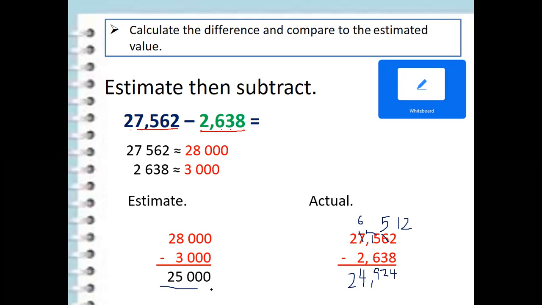We have 25,000 as the estimated value and 24,924 as the actual difference. Do you think our estimated difference is acceptable? Yes, it is, because 24,924 can be rounded to 25,000.